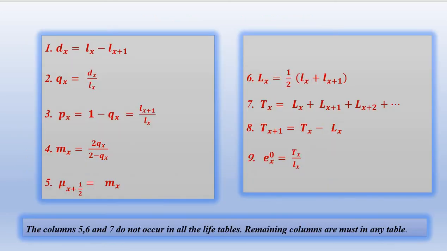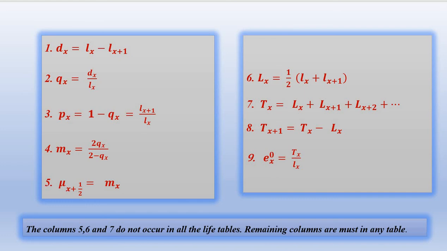Thus, we have dx equal to lx minus lx plus 1, qx equal to dx by lx, px is equal to 1 minus qx, mx is equal to twice qx divided by 2 minus qx, mu x plus half is equal to small mx, capital Lx is equal to lx plus lx plus 1 by 2, capital Tx is equal to capital Lx plus capital Lx plus 1 plus etc. Then capital Tx plus 1 equal to capital Tx minus capital Lx. Then ex naught is equal to Tx by lx and so on.